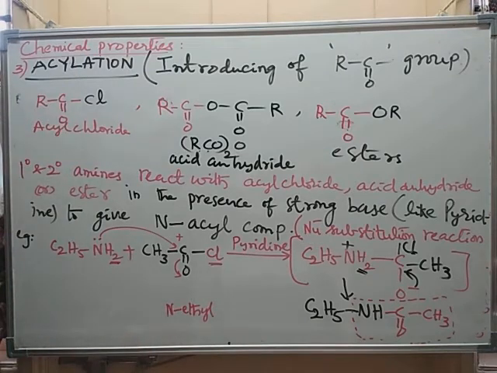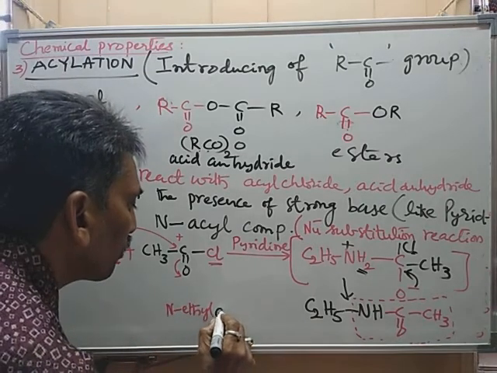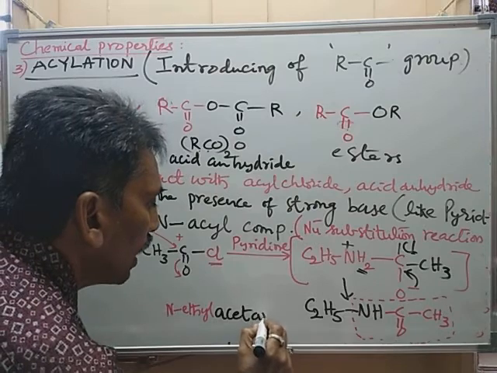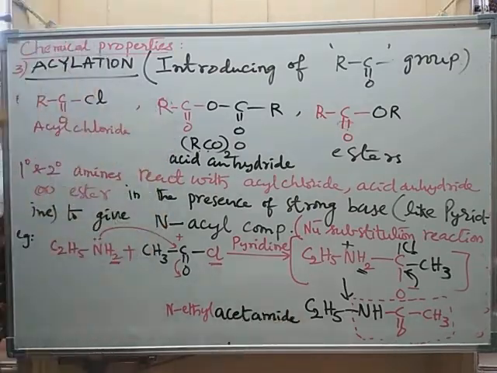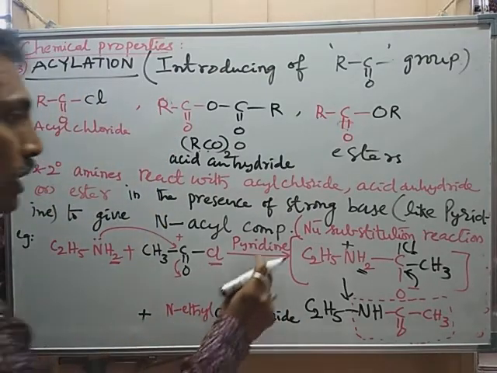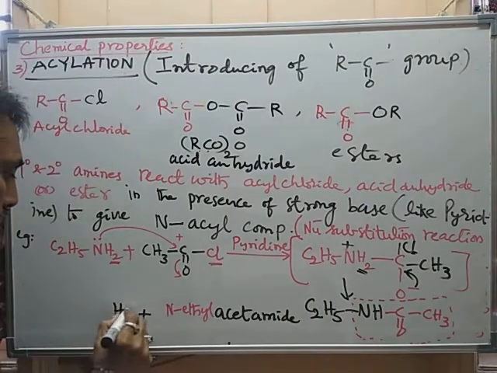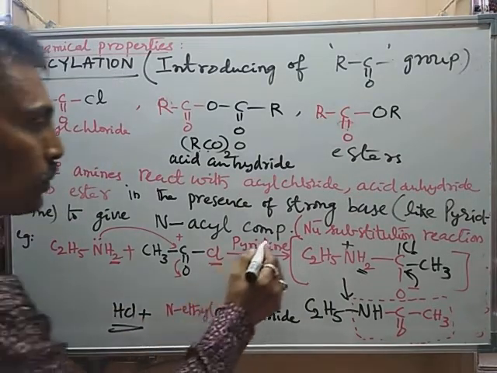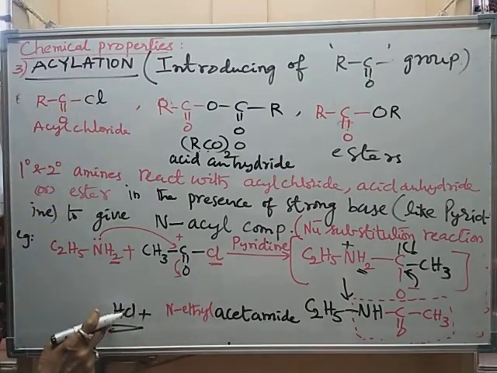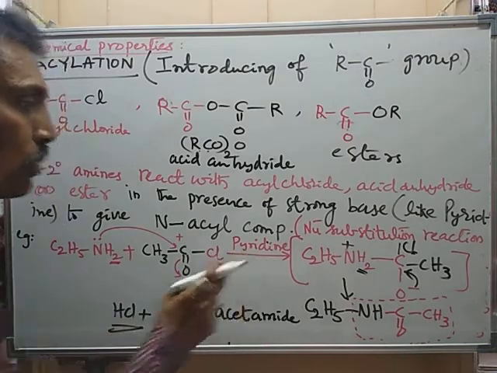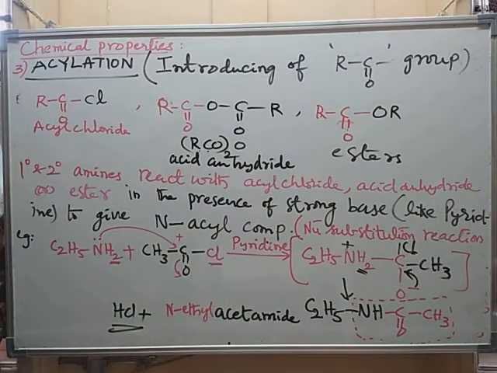Acetamide is the common name, ethanamide is the IUPAC name. The other product is H and Cl, HCl. HCl is acidic and pyridine is a base; this acid product is removed by the pyridine base, which favors the reaction in the forward direction.